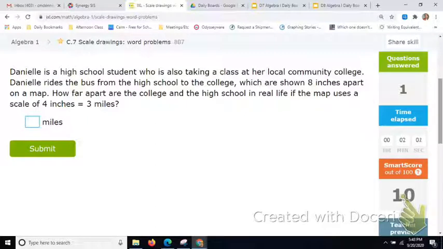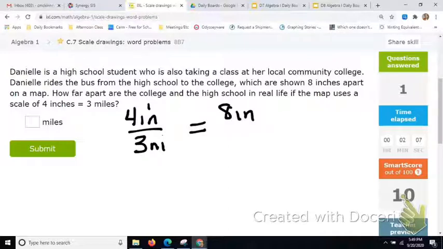So if the scale says 4 inches is 3 miles, and if they are 8 inches apart, how many miles apart are they? So you can cross multiply, or you could just think this is times 2, so this is going to be times 2.